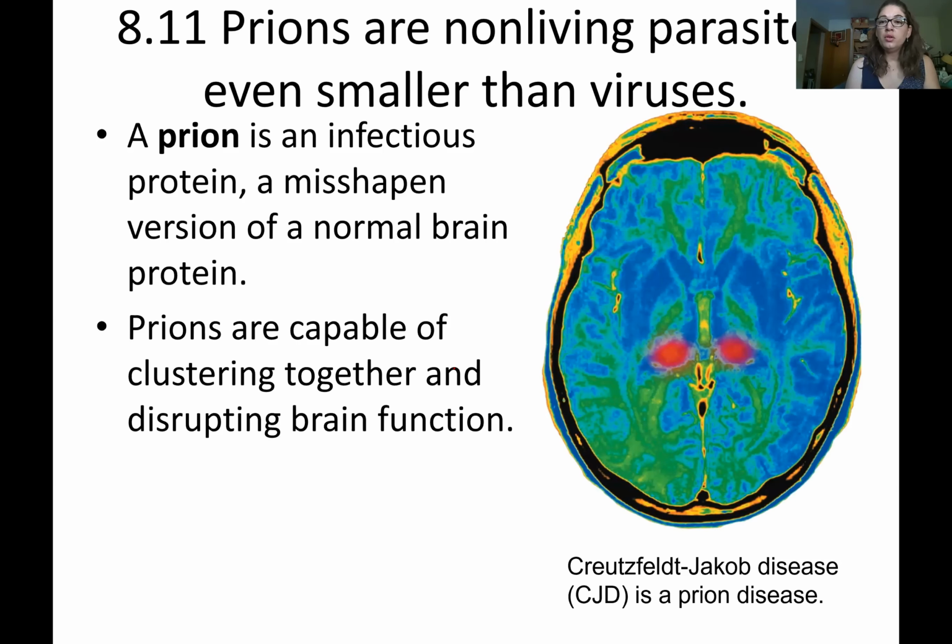This is also known as mad cow disease. The Creutzfeldt-Jakob disease is also known as mad cow disease, which was really big when I was younger, but it's not a huge area of concern, at least in the US anymore. But for a while, it was a big problem, especially in Europe.